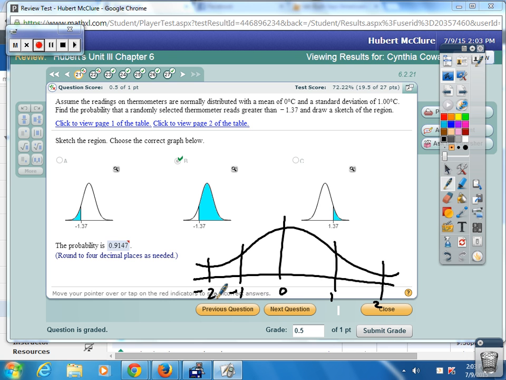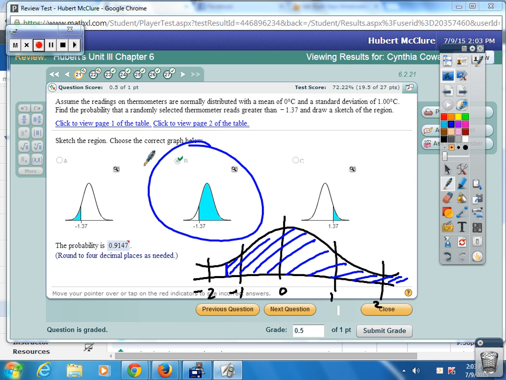Well, negative 1.37, I'll do it in blue. Negative 1.37 is right in here. And they want to know it's reading what? Greater. So which one of those looks right? That one. So now, you know you got negative 1.37 here. So find the left-hand side and subtract it from 1, and you'll have the what? Right-hand side.